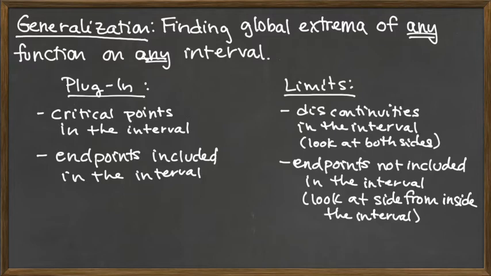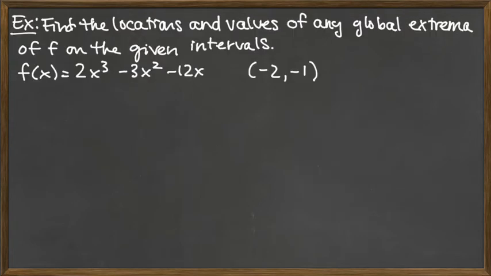And so we're going to go through this sort of scenario with an example. In this example here, we're looking for any global extrema that we might have for the function on the interval. This particular function actually happens to be a polynomial, so it's continuous. It has no discontinuities.